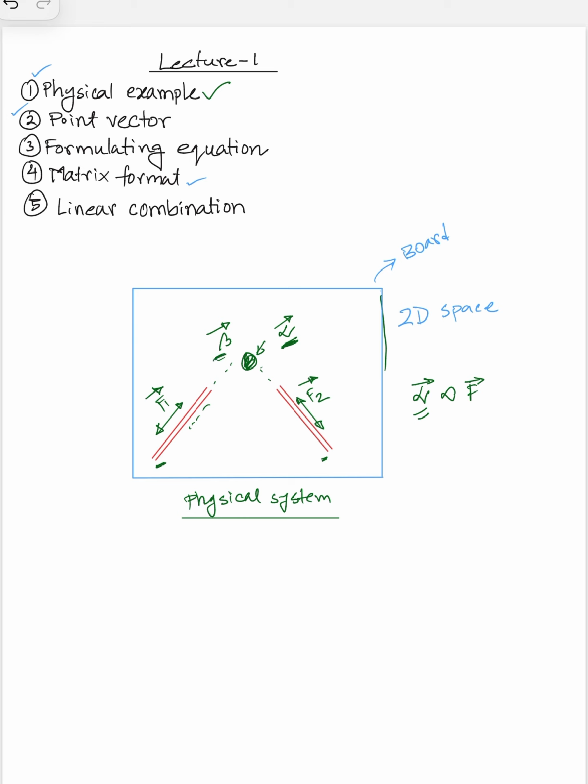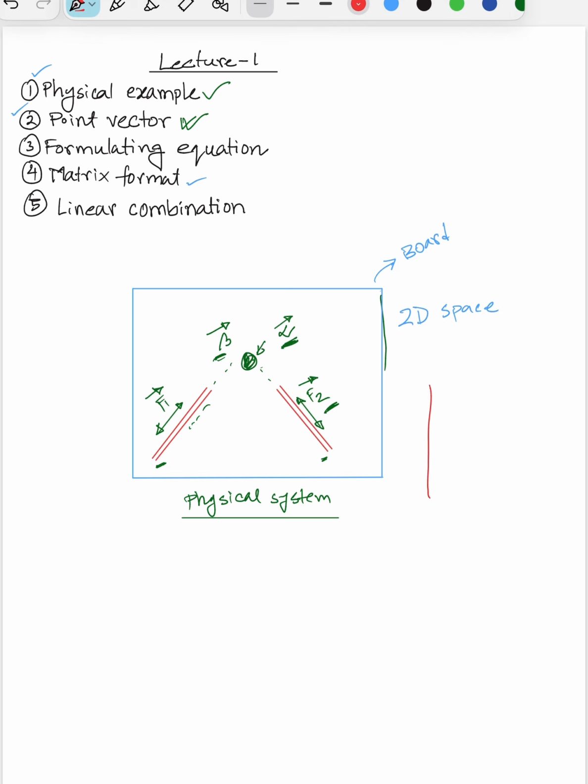So this will eventually mean that we need to control force F1 and force F2. All right. So that said, we need to understand what is alpha and what is beta. So as I said, these are vectors, and we call them point vectors. How or why? So let's do this.